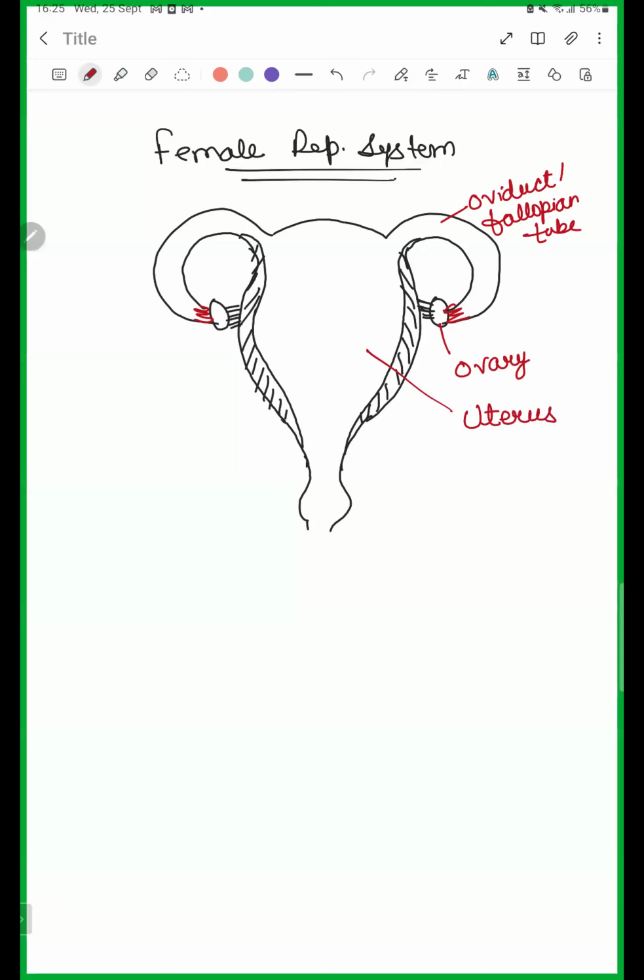You can see the uterus is lined; I have drawn the lining on both sides with dashes. Just add this to make the wall of the uterus thick. It becomes thick when it has to receive the egg from the ovary. Next is the cervix and the vagina. You can label the ovarian ligaments if you want.